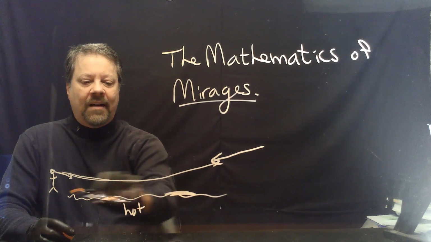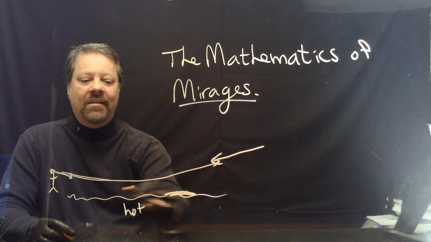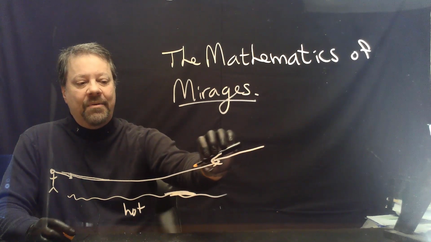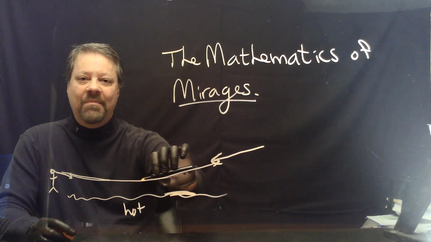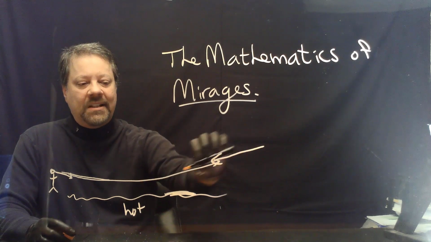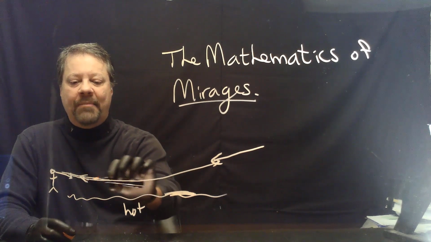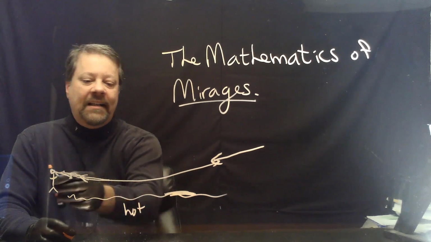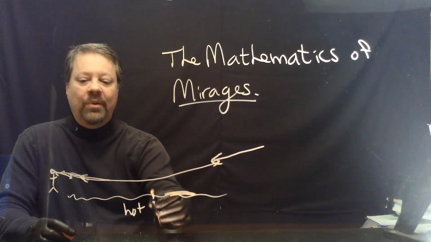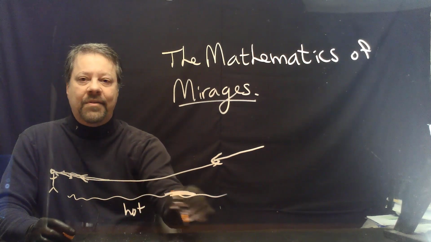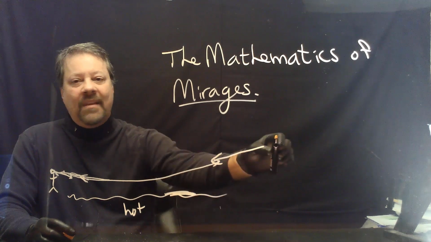The hotter it gets, the less dense the air near the surface will be. The light will tend to bend towards the more dense regions, so it'll tend to bend away. And so when the light is coming up, it hits your eye, and it looks like blue water. It looks like it's down on the surface of the Earth, but in fact, it's coming from the sky.